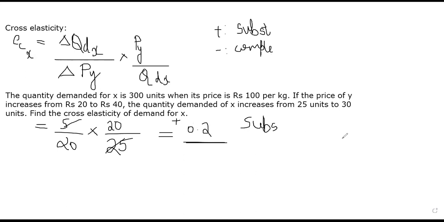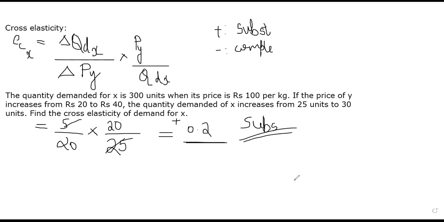Is the question clear? Most of you have got the answer, 0.2. X and Y are substitute goods because the answer you have got is positive. That is, when the price of Y increased, X's demand also increased. Since they are moving in the same direction, we have a positive answer. Even if the price of Y falls, causing demand for X to fall also, you'll get the same positive value.